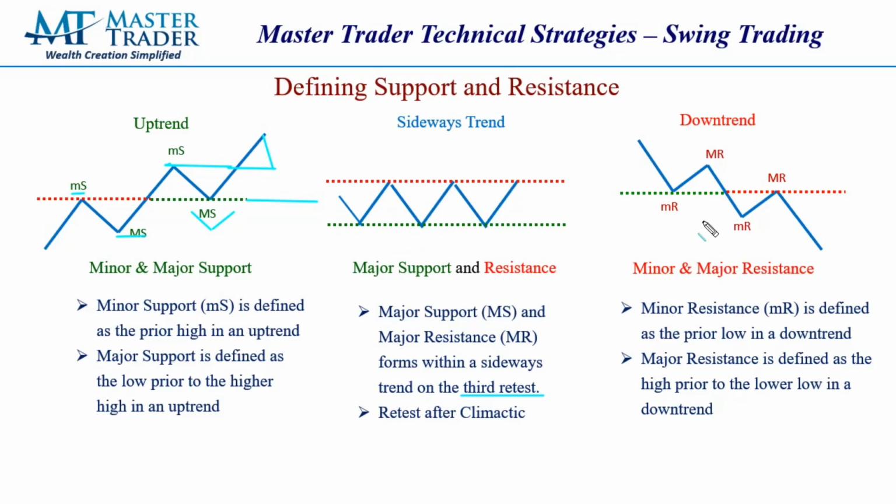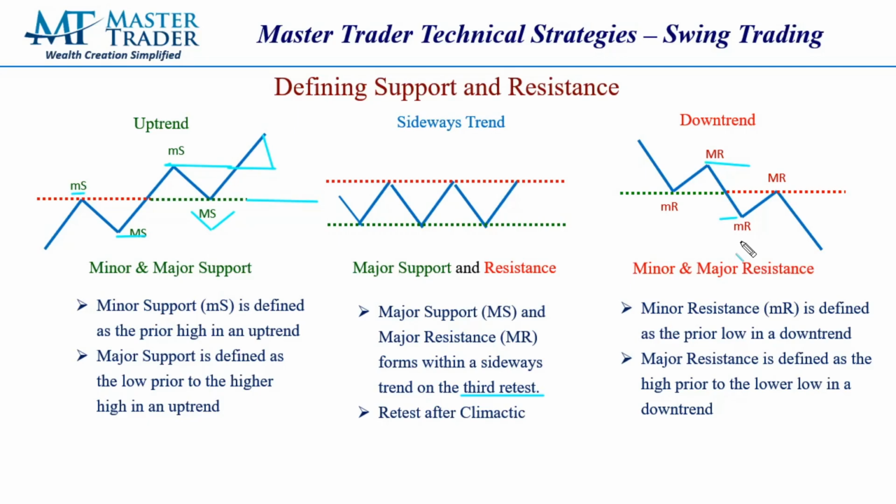Within a downtrend, lower highs, lower lows, every time it makes a lower low, we mark off major resistance. And the low here that was taken out becomes our minor resistance point, and we just repeat the same process.